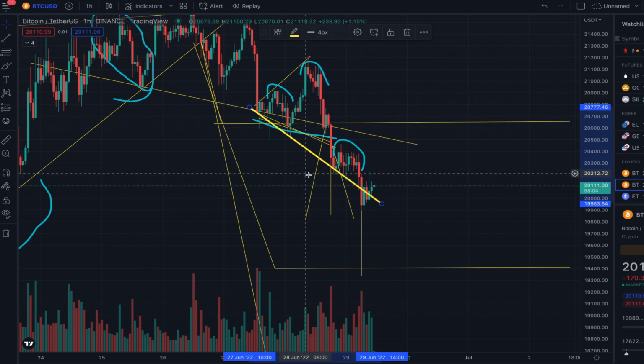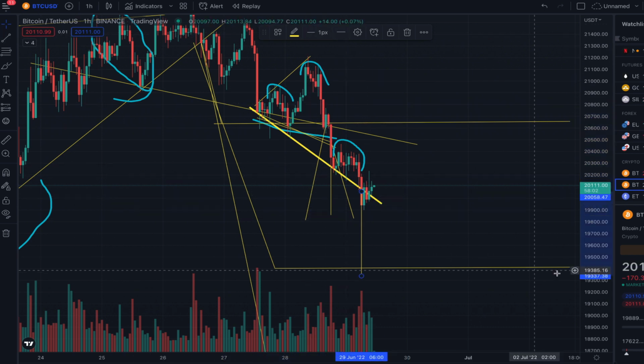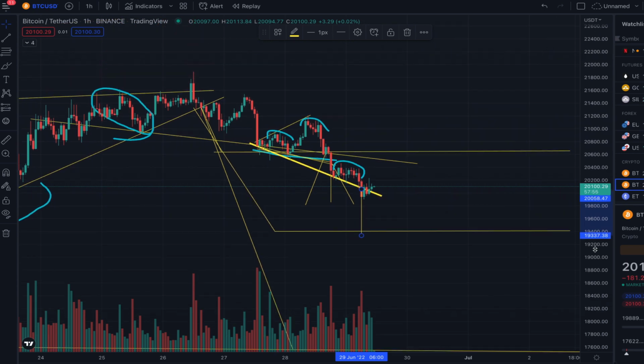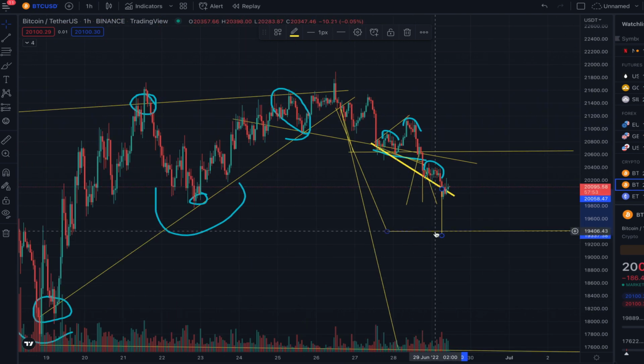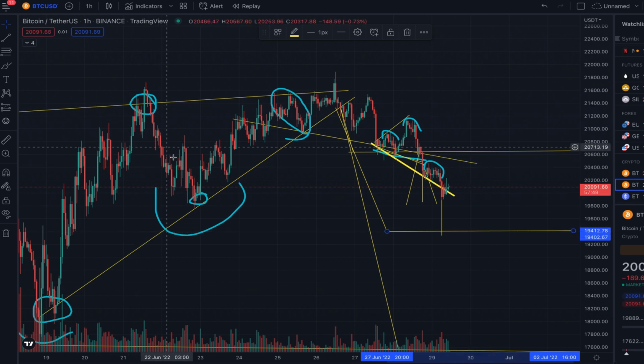And so the price target of this head and shoulders pattern is $19,337. Now if you look here, this other line that I've drawn here is the second price target of the ascending triangle.